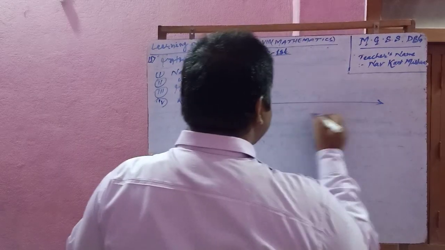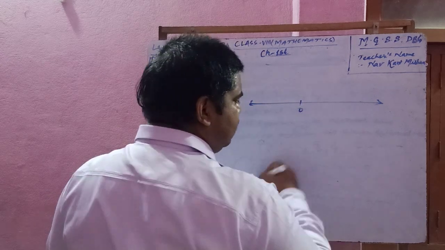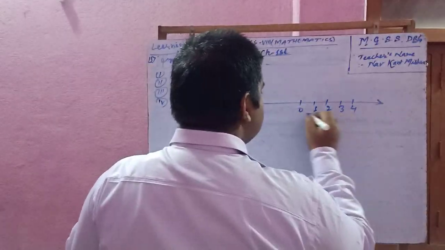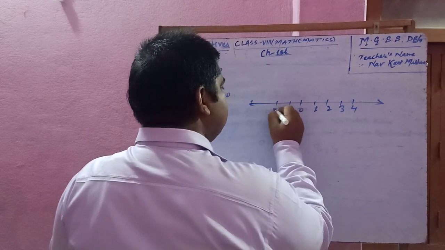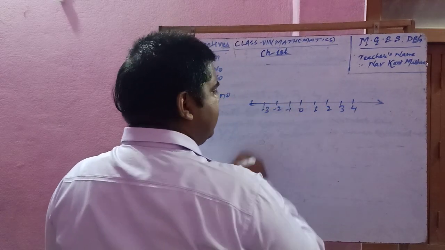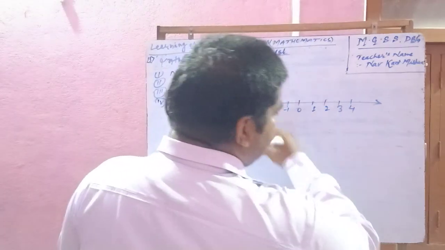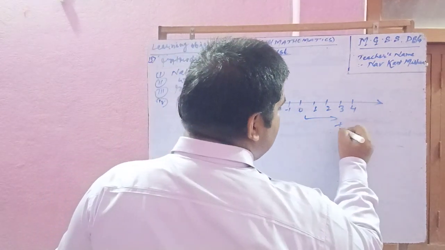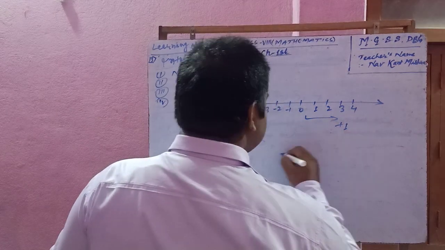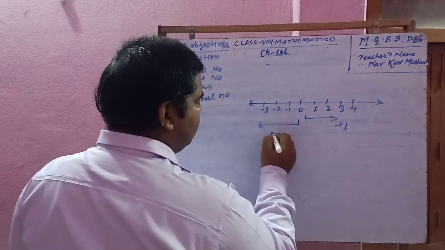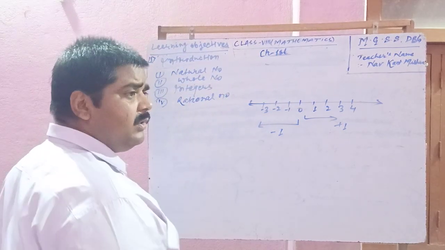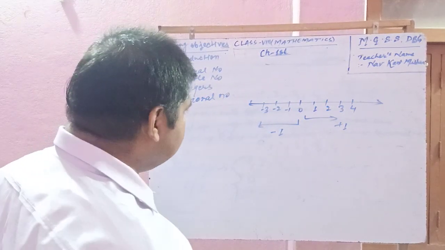You have to draw the number line, mark 0, and represent all such numbers with equal intervals, and you know that all these numbers are integers. Those greater than 0 are positive integers and those less than 0 are negative integers. 0 is neither positive nor negative.